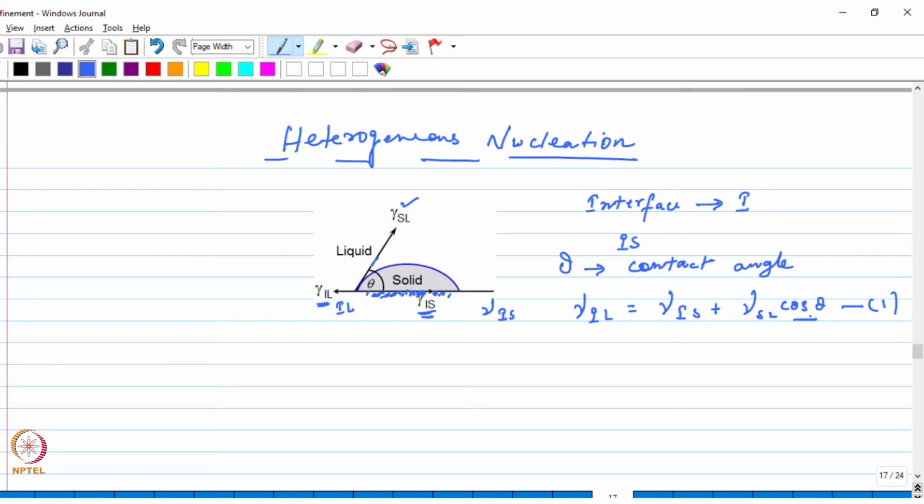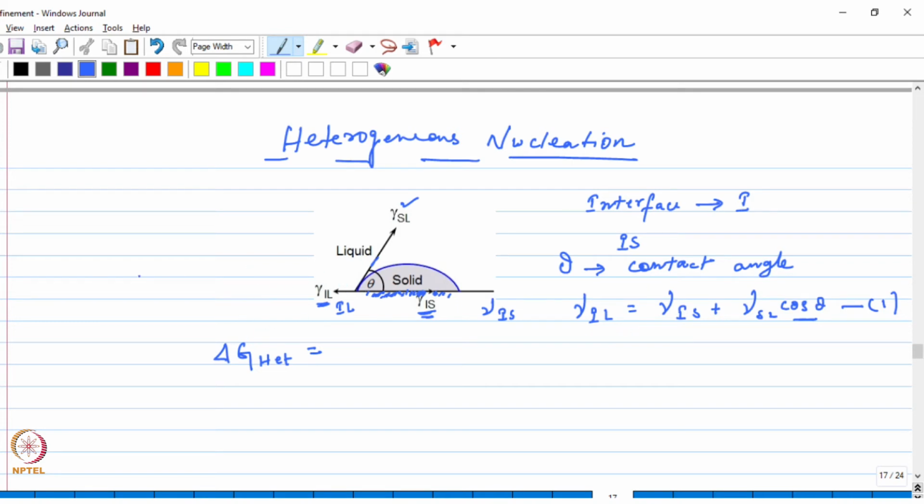So it's all about the surface energies here. Theta will also have a role to play in the free energy change. So now, if you look at the free energy change for this case, that is delta G heterogeneous, then here also there will be two contributions like before. One, of course, coming from the volume free energy change, and the rest will come from all these surfaces, right?